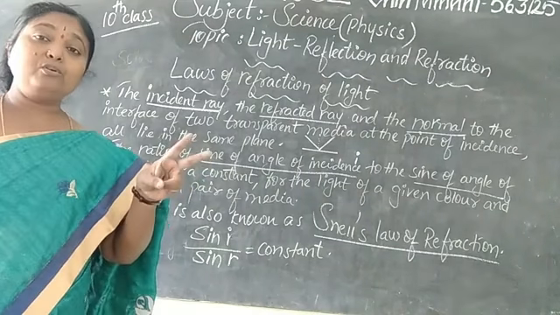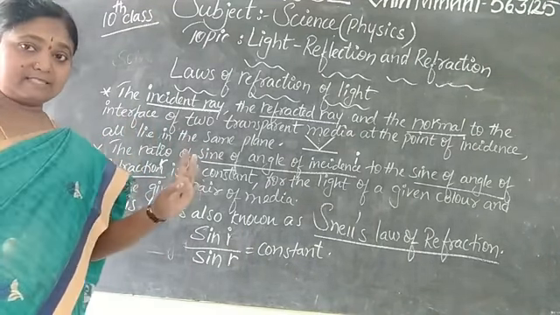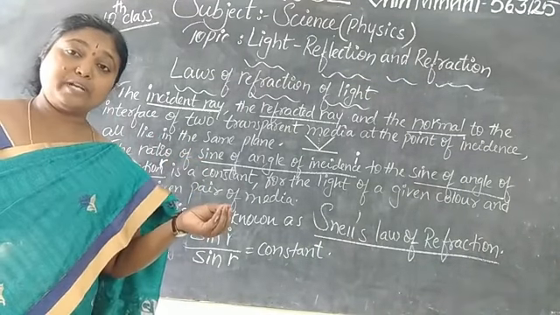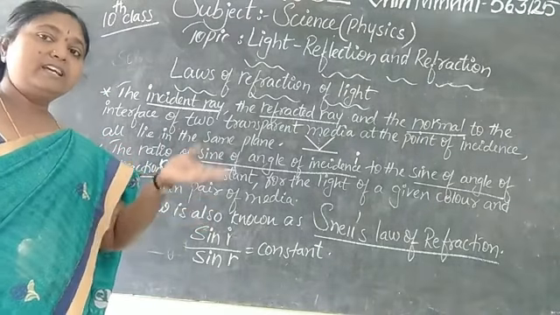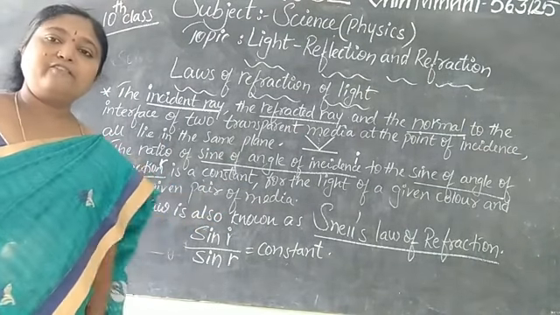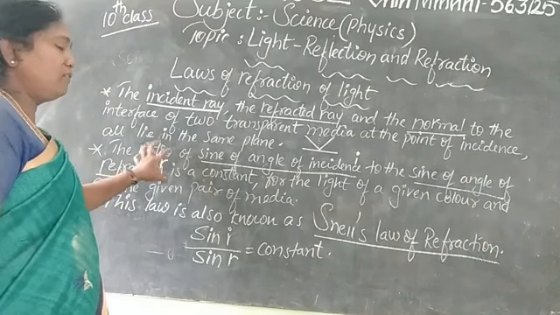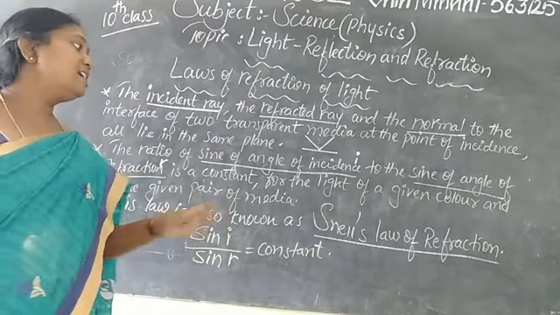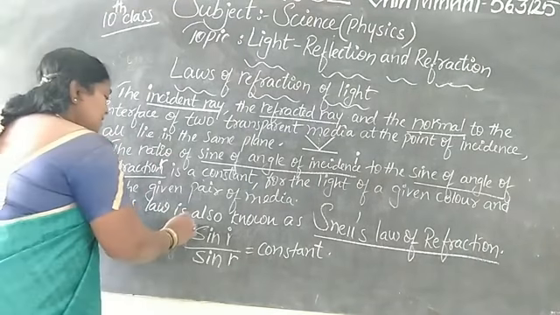So, here the two types of questions we can ask, or in the examination also it is going to occur. State the two laws of refraction of light, or state the Snell's law of refraction. So, the second point of this law of refraction of the light is nothing but the Snell's law of refraction, or easily you can say that sine I by sine r.